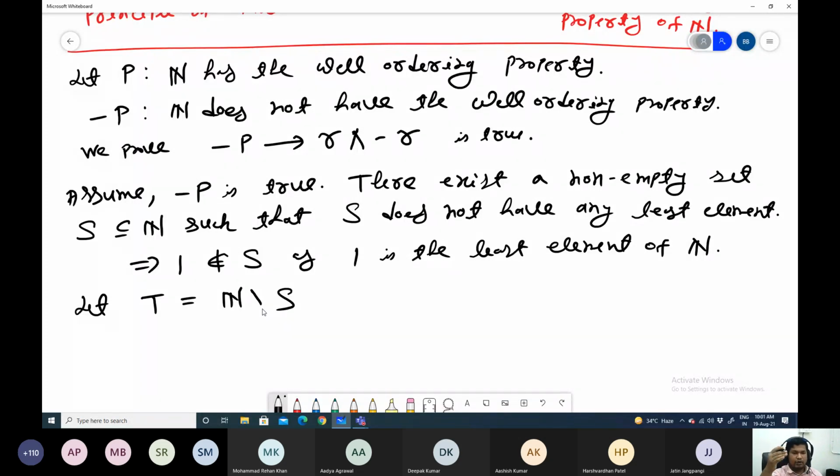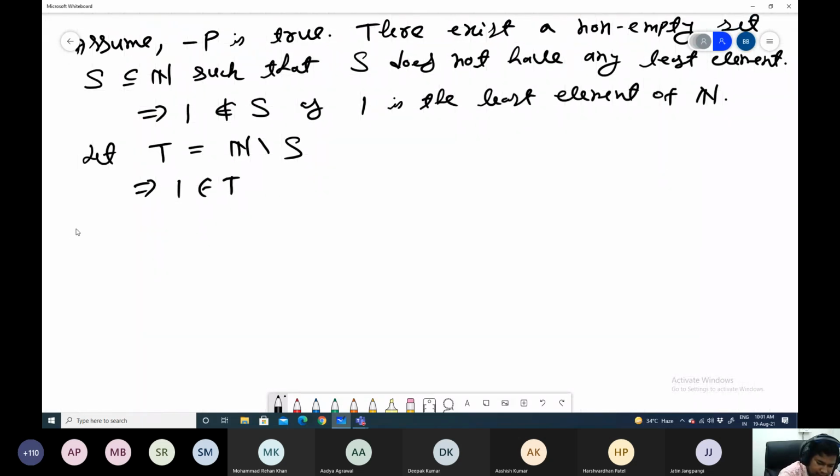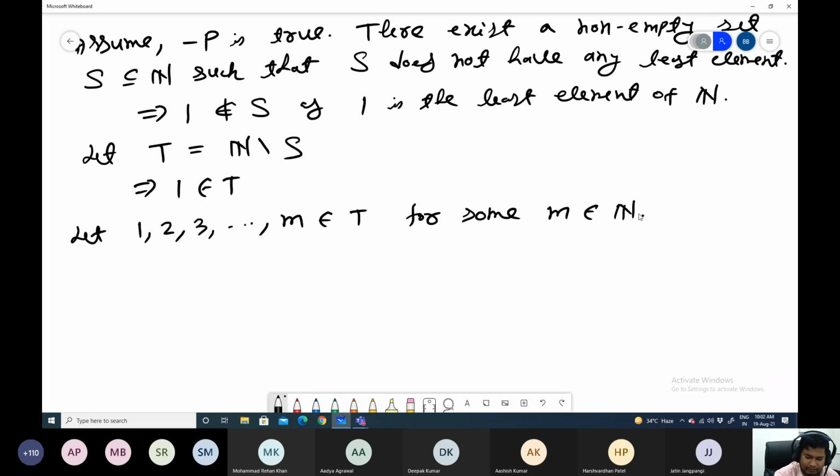So now since 1 does not belong to S, therefore 1 belongs to T. Now let 1, 2, 3 up to M belong to T for some M belonging to natural numbers, or you can say M bigger or equal to 1.